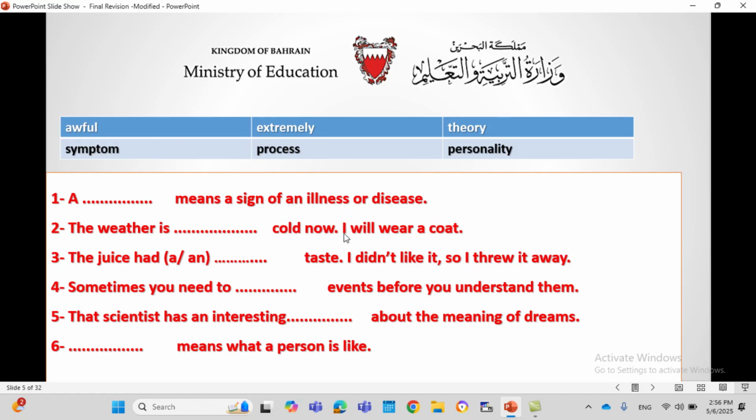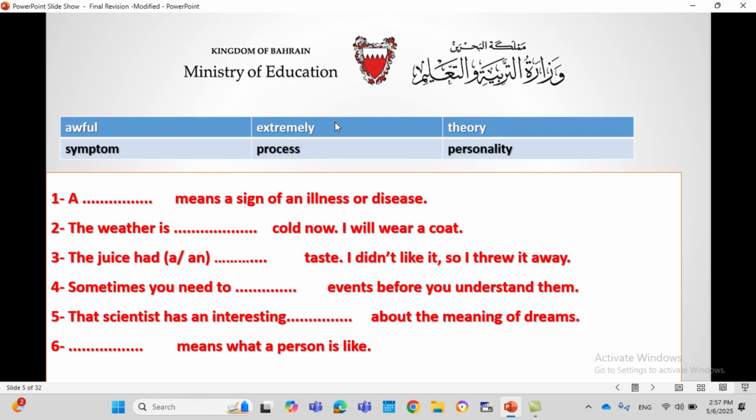When you choose the right answer, you should know what part of speech is intended. For example, we cannot use a verb here because it says a sign of illness, which means that we need a noun. That means we cannot use extremely or awful.